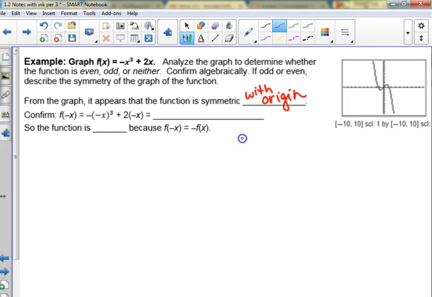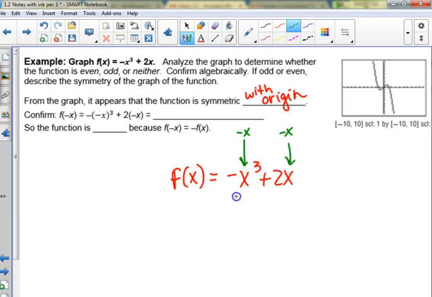Okay. The test for that, here's our original function. The test for this is to replace this with a negative x, this with the opposite of x as well, and it should come out the opposite of the original function.